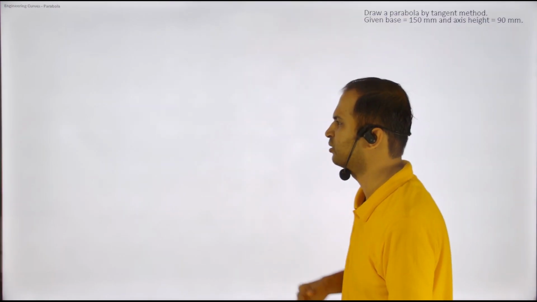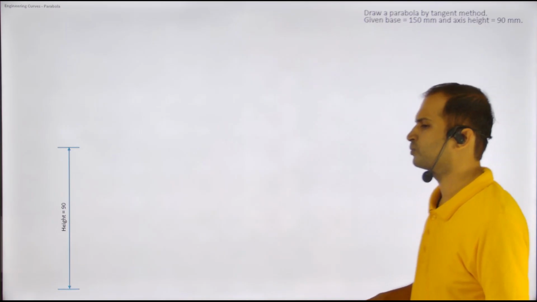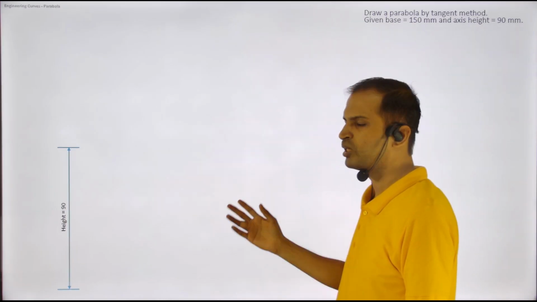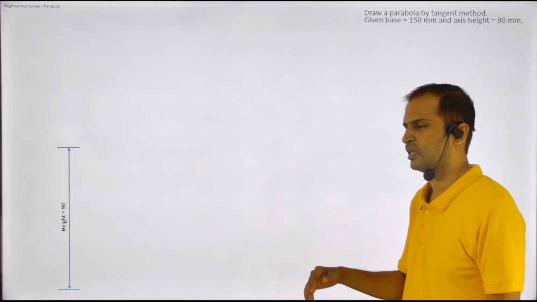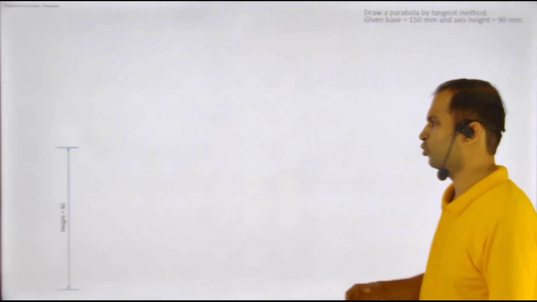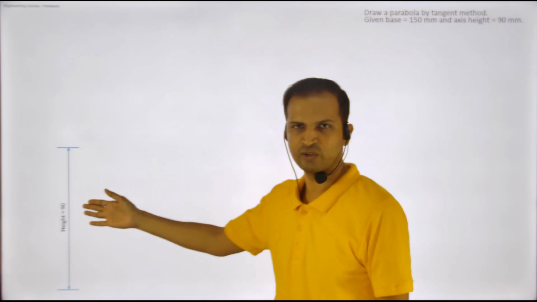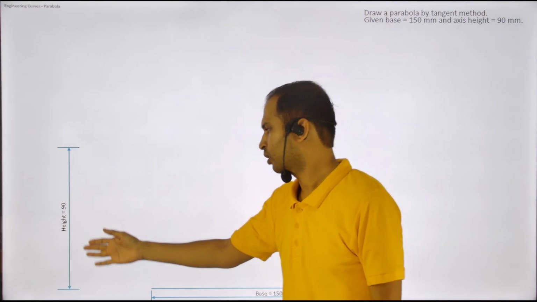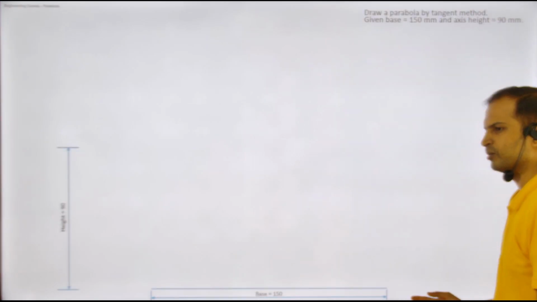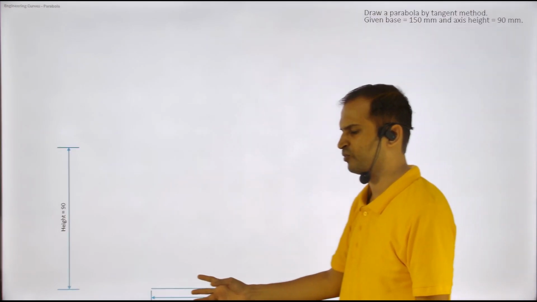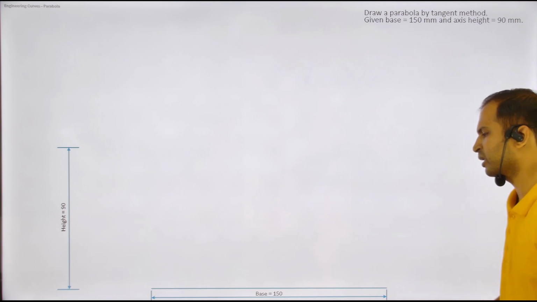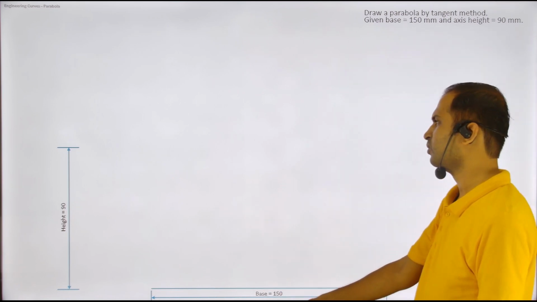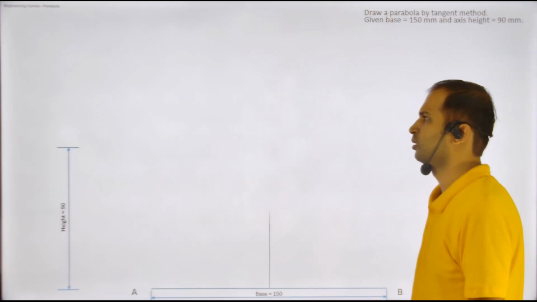So what we do exactly is, that's the method of how we draw. We take 90, whatever is given to us first, and then we take the base 150, right? This is the base 150 which I have taken. Then I take the midpoint of this base. I take a vertical line.